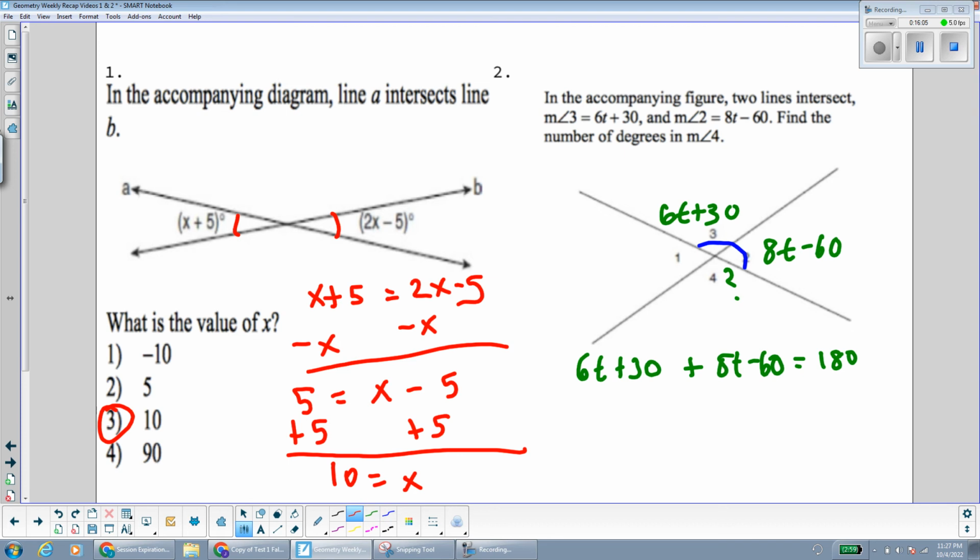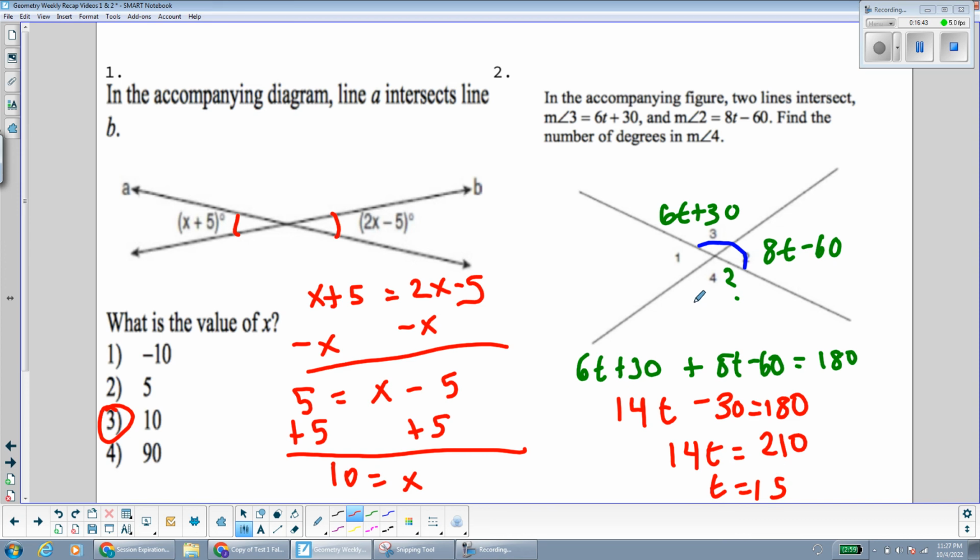Combining my like terms, adding 30 to both sides, and then finally dividing both sides by 14. We have our t value, but we're not done.